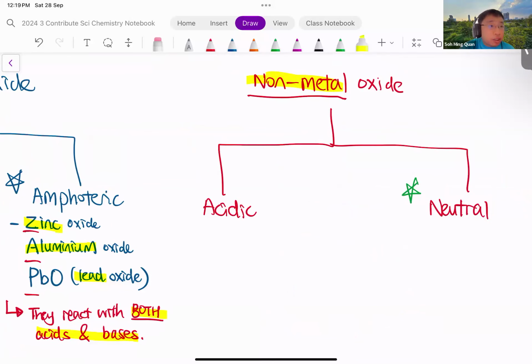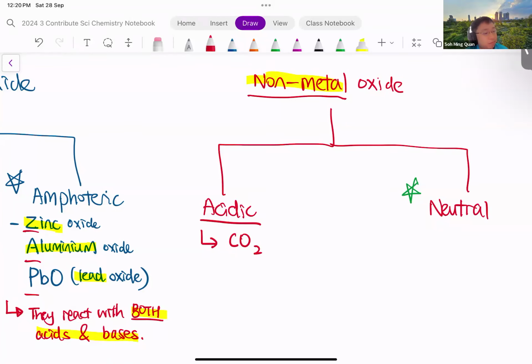Again, the majority of non-metals will form acidic oxides. This is where the majority is. So for instance, CO2 is acidic. All right, carbon dioxide is acidic because carbon is a non-metal and non-metals form acidic oxides. If you dissolve CO2 in water, the pH of the solution formed will be less than 7.